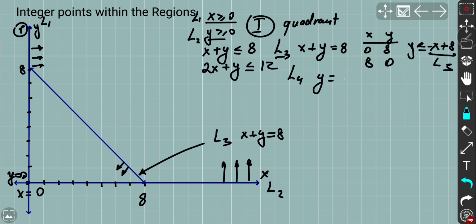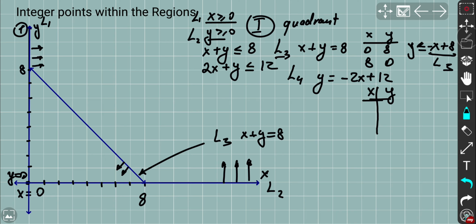So y equals negative 2x plus 12. Okay, and here we are going to again set up an xy table to get some values. Actually 2 points is pretty enough.